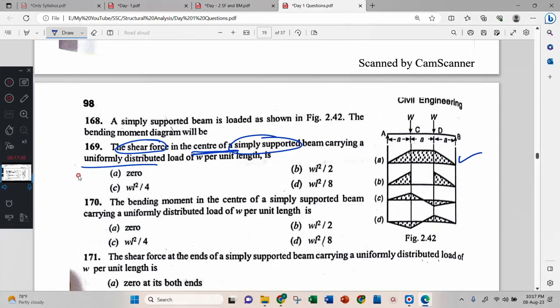So 0. Very good. Bending moment in the center of the simply supported beam with UDL? WL square by 8. Very good.